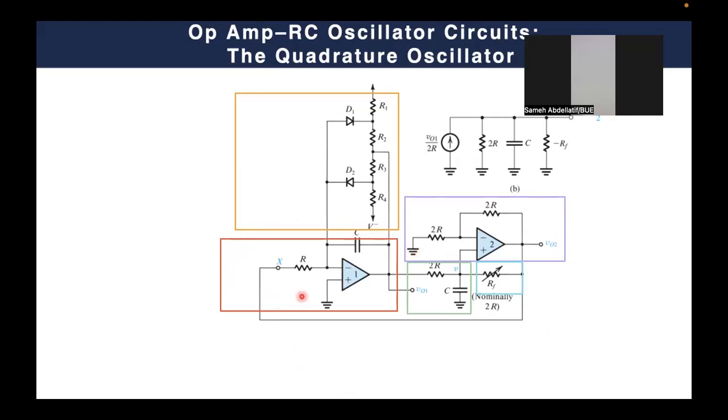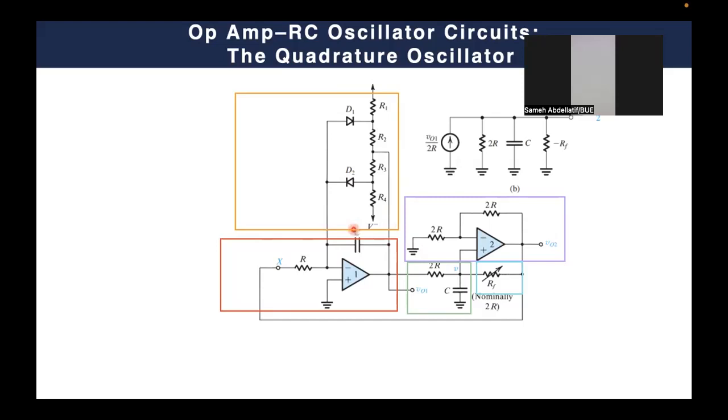Then we have a double stage beta network. What is new here? We have a lot of new tricks in this design, but one of these new tricks is that we have double filtering stages. In the first filtering stage, we have a very standard RC integrator, associated with this orange rectangle here.